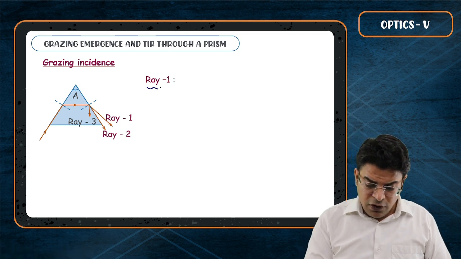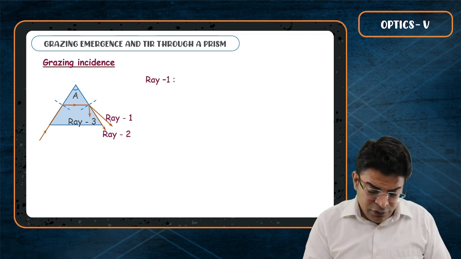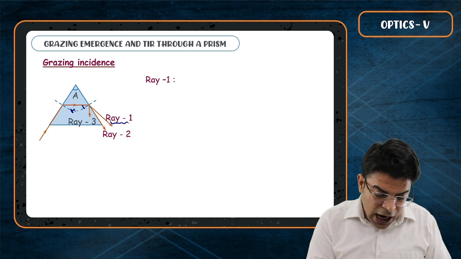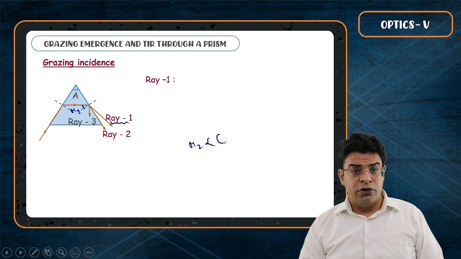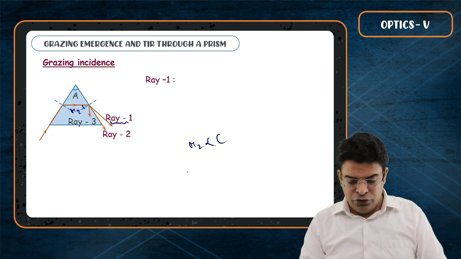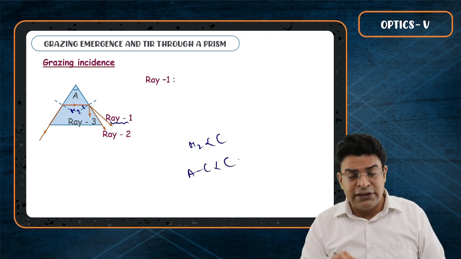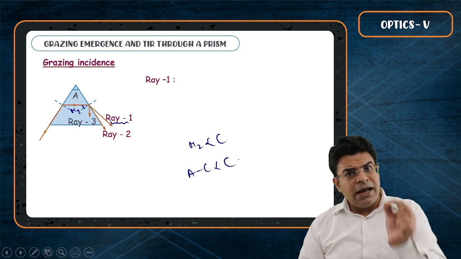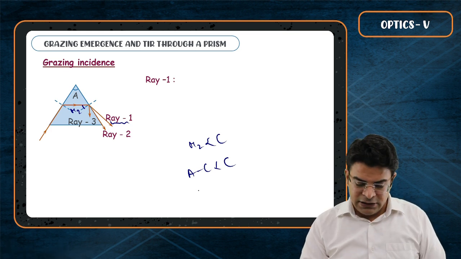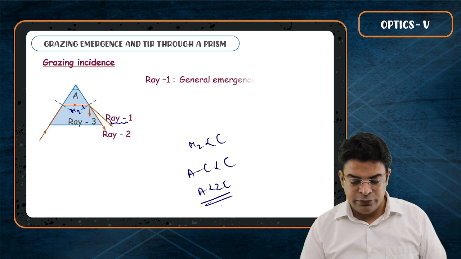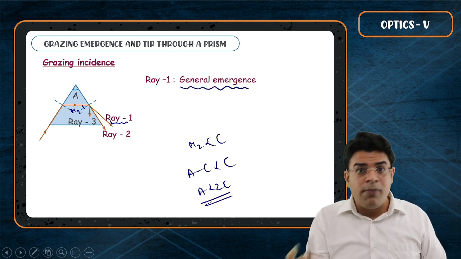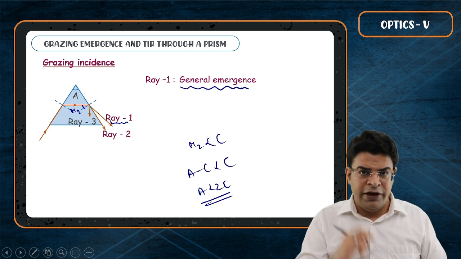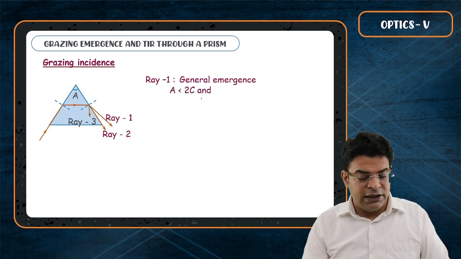So for ray 1, if you want the ray to come out, this R2 should be less than the critical angle. Or rather than writing R2, you can write A minus C should be less than C. And if A minus C is less than C, it means that A should be less than 2C. So for general emergence to take place, if you want this ray to come out in the normal way, A has to be less than 2C.